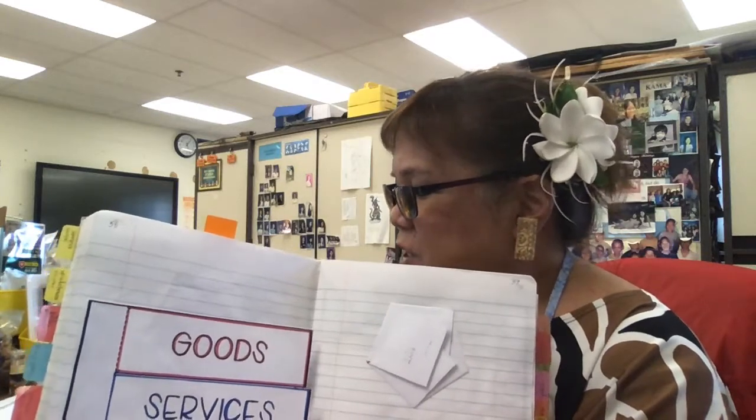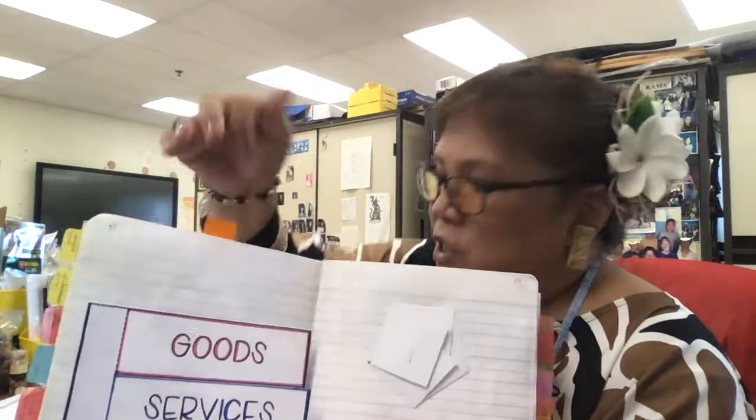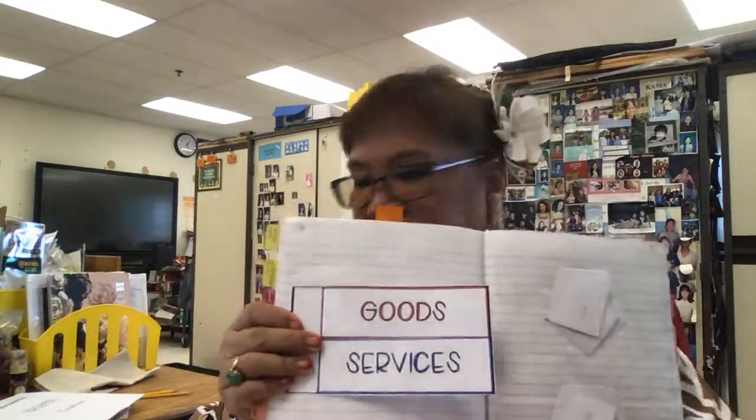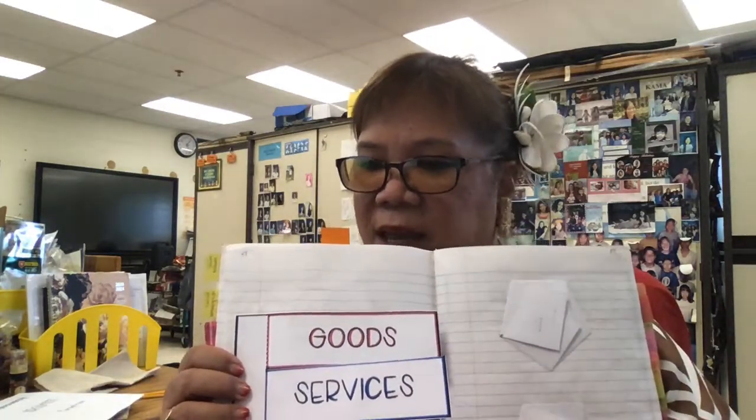Now, what is the definition of goods? Goods are things that people make or use to satisfy their needs and wants. The definition of service is activities that satisfy people's needs and wants.